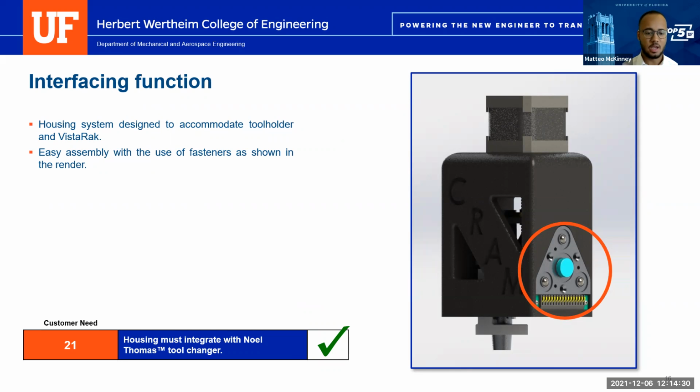And for this design, it was required to create these indents into our housing to fit the appropriate connections, such as what's highlighted in this red circle here, the magnet, as well as different electrical components that can be used to attach to the XYZ system itself. We also incorporated different fasteners to assemble this a little bit quicker. And so this overall is to satisfy customer need number 21.